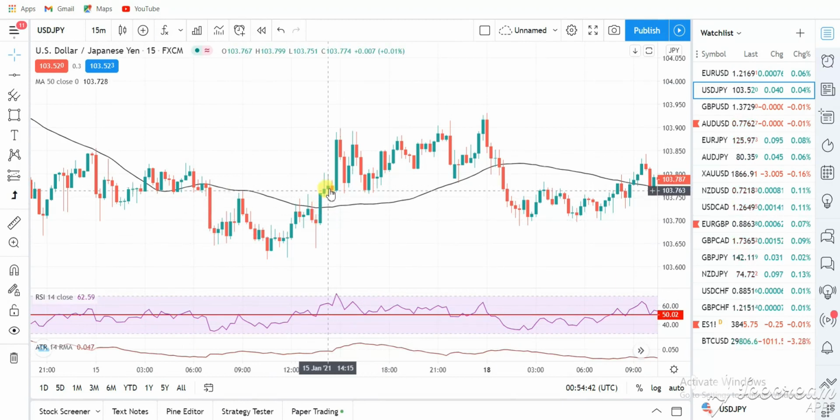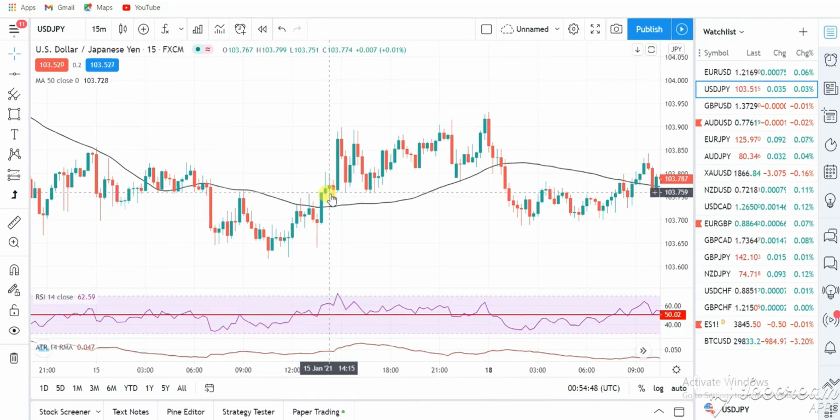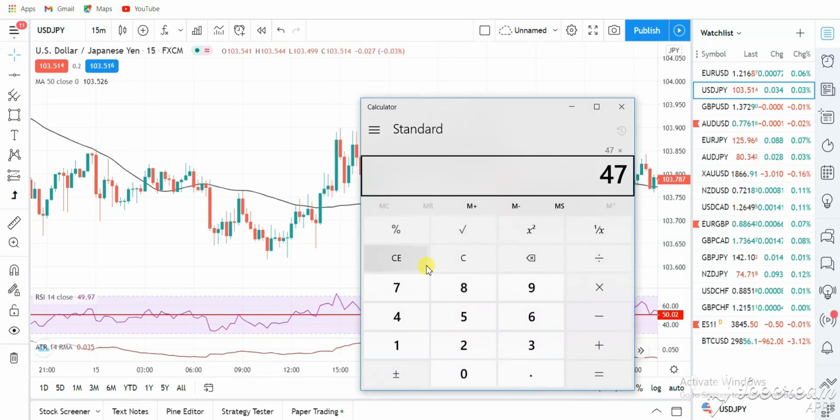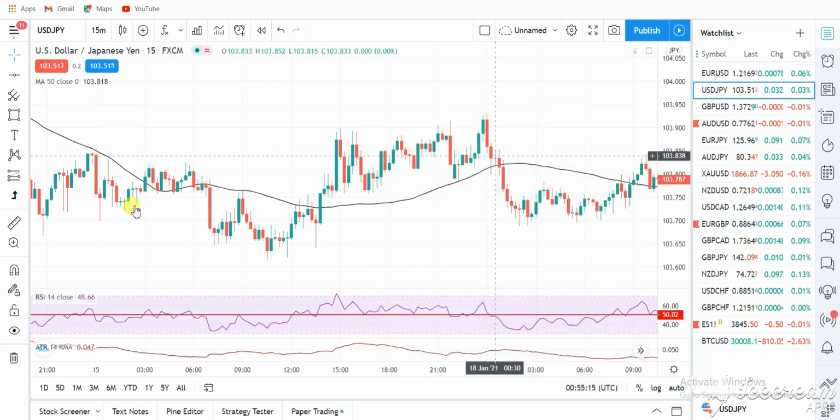So what is the ATR of this candlestick, a break followed by two bullish candlesticks? Before we get into the trade, we have to know the ATR of this candlestick, which is 47. So 47 times 2, which means we're using 2 times the value of the ATR. You can use 1.5 if you want to, but for this example I'm using 2 times the ATR. So 94 pips is going to be our stop.